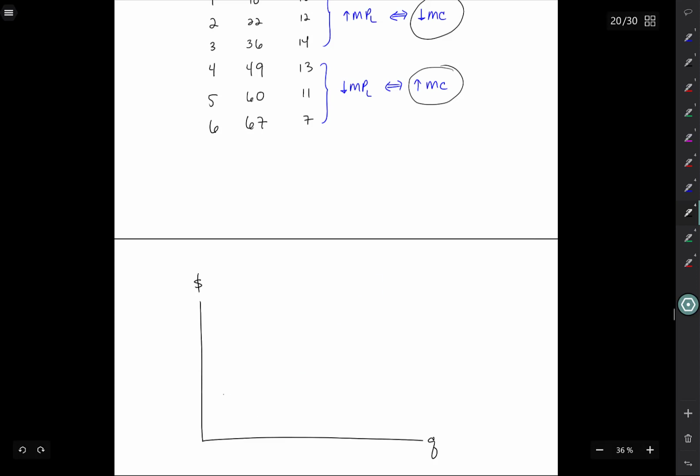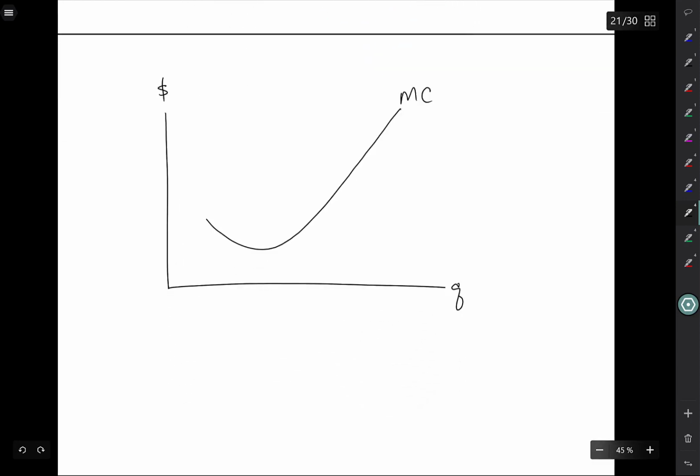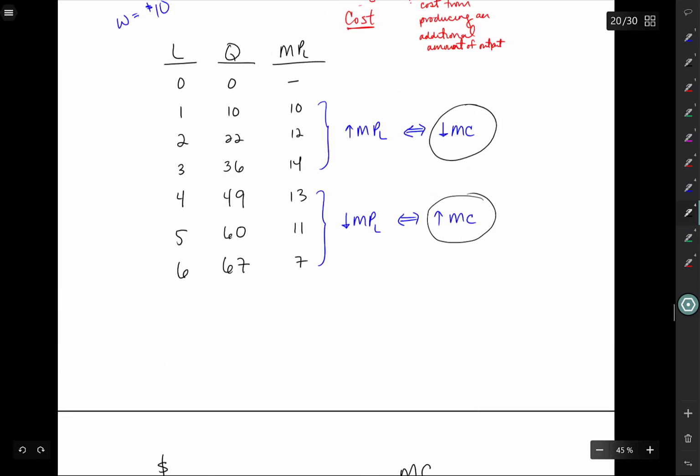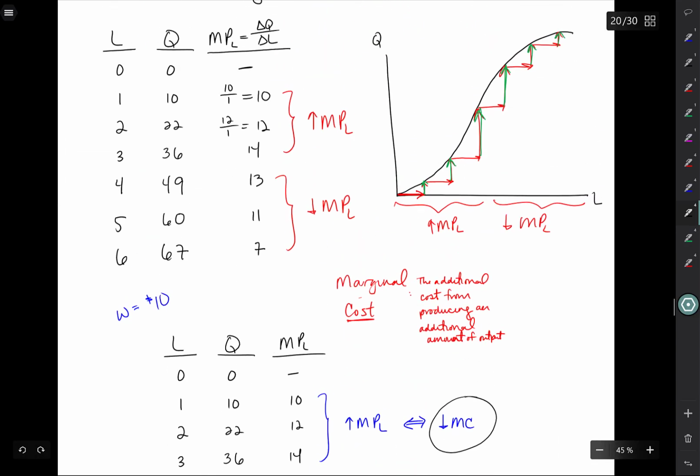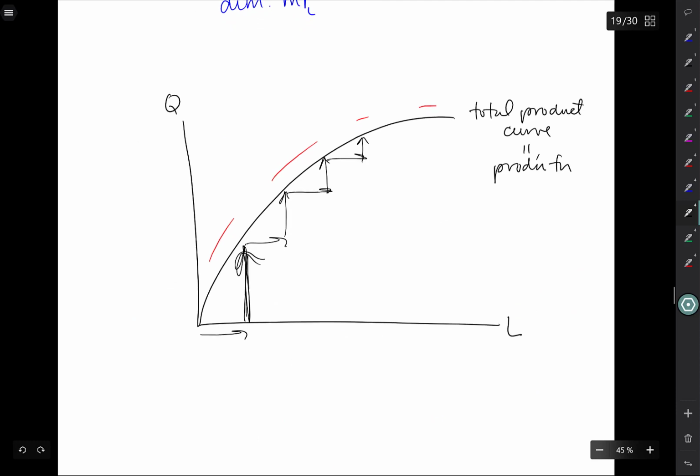I call it the Nike swoosh. Okay, let me draw it again. This is marginal cost. The marginal cost of production. This plot corresponds to this, not to this one. Because for this one, marginal product is immediately dropping, immediately flatter, right?